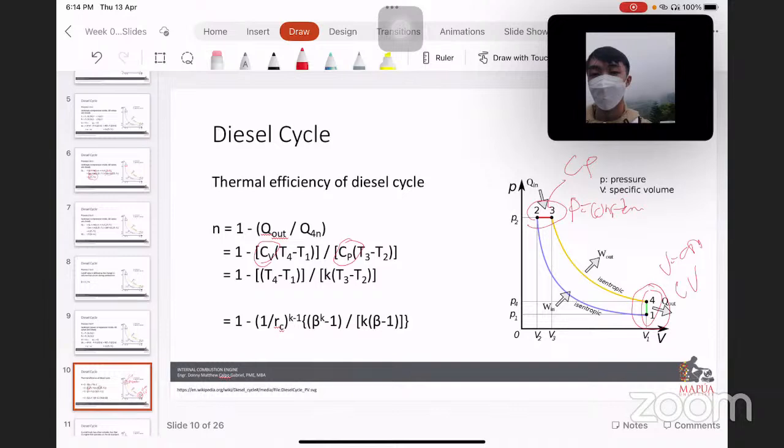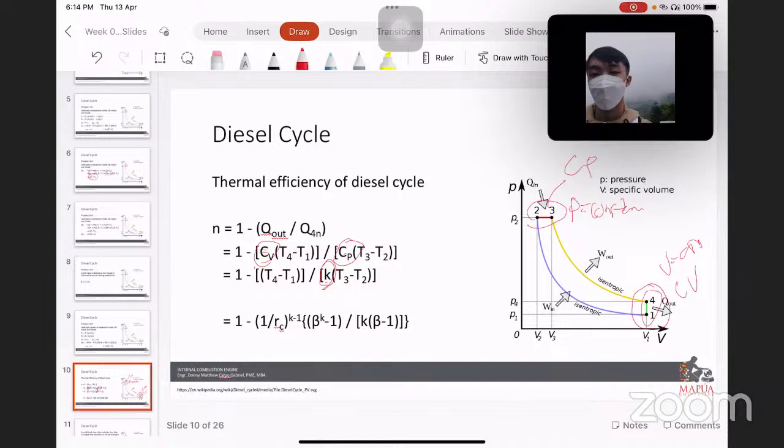Since the ratio of Cp and Cv is equal to K, kaya masisimplify mo yung formula. So yung Cv at Cp simplified naging K. So 1 minus temperatures divided by K times difference in temperature.